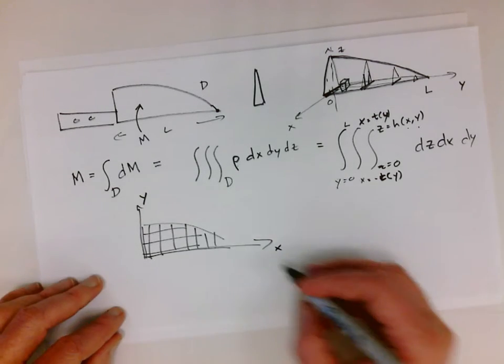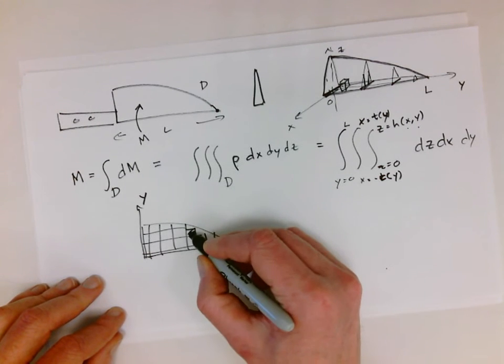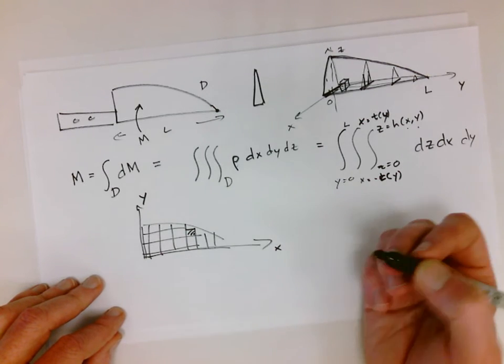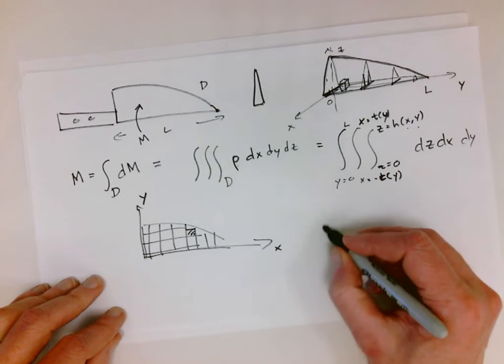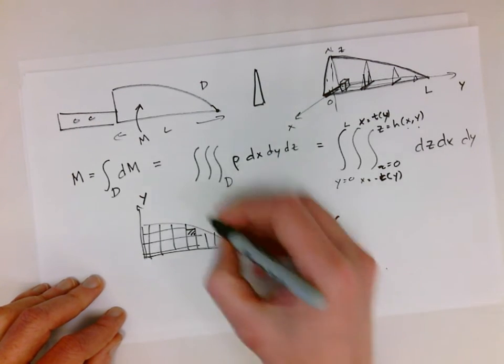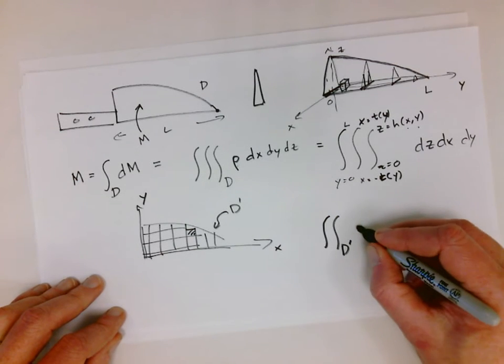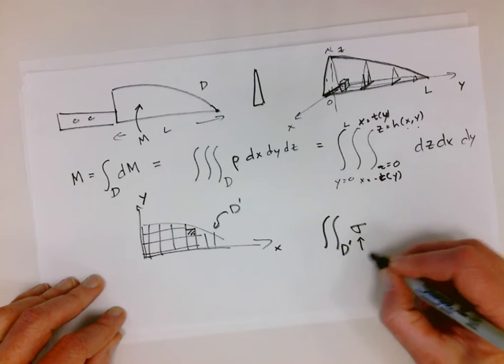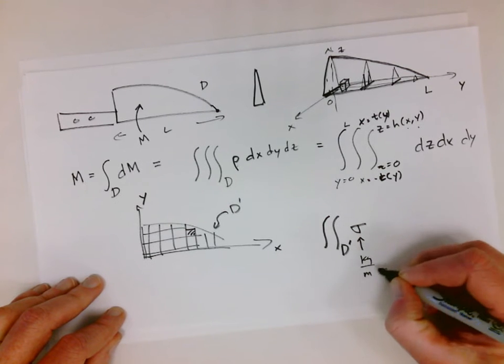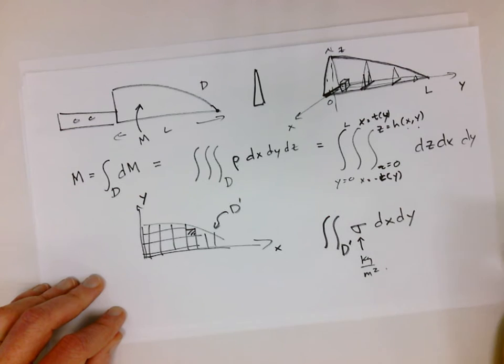For that two-dimensional domain, I have to ask the question, what's the area of one of these chunks, and what's the mass of that chunk? So I'm going to be doing a double integral over this domain, I'll call it D prime, of a surface density, which is kilograms per meter squared, times dx dy.